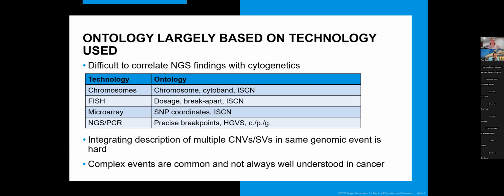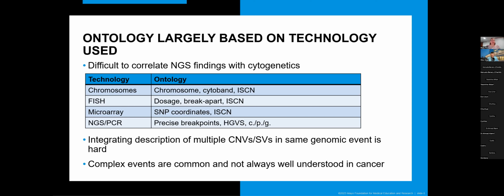With microarray, we're using SNP coordinates, not to be confused with precise coordinates that we would use with the NGS or PCR-based assay. And then with NGS and PCR, generally we're using HGVS nomenclature or a c.p.g. type format.